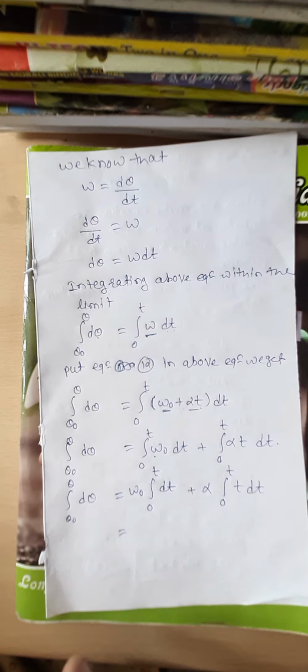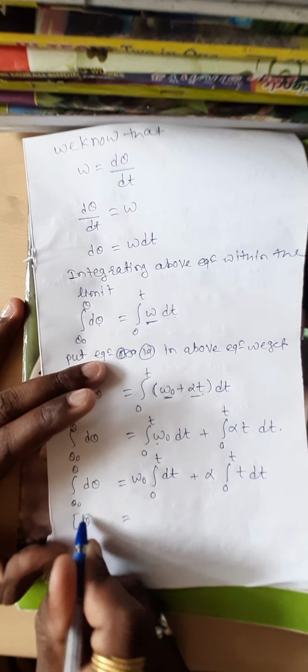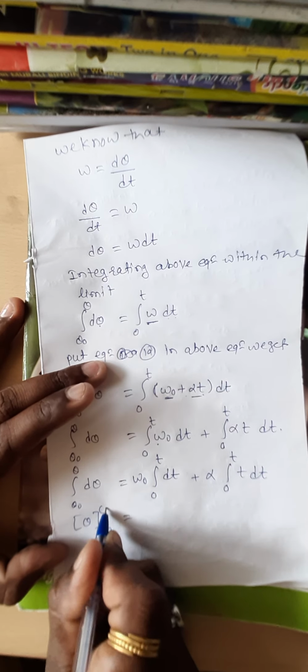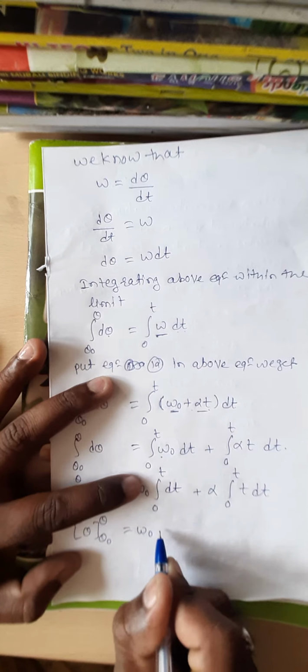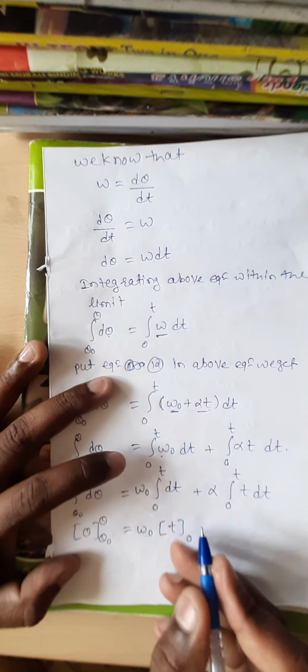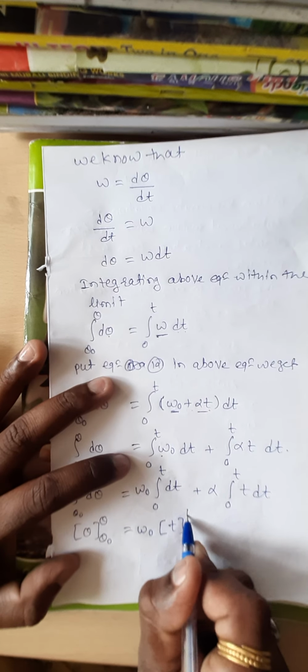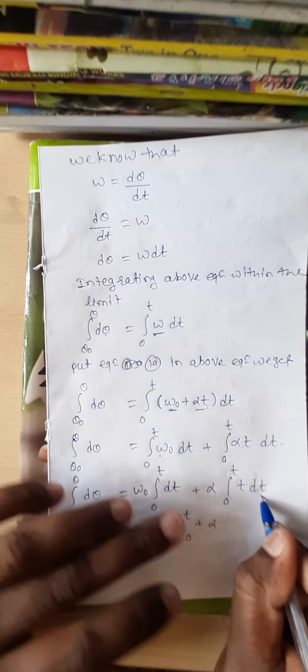Then you know that on the left hand side integration and differentiation cancel, so we get theta with lower limit theta naught and upper limit theta. This is equal to omega naught times t, with lower limit 0 and upper limit t, plus alpha times the integration of t into dt.